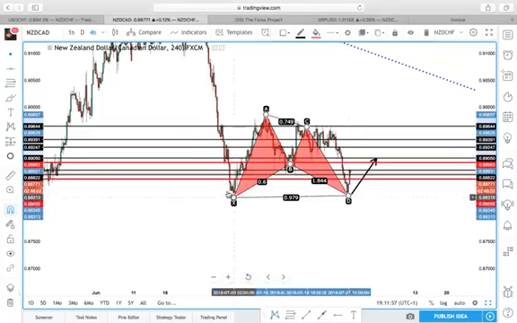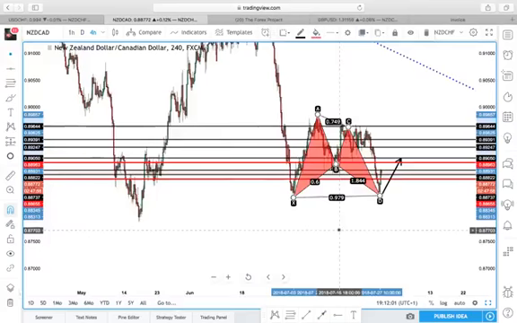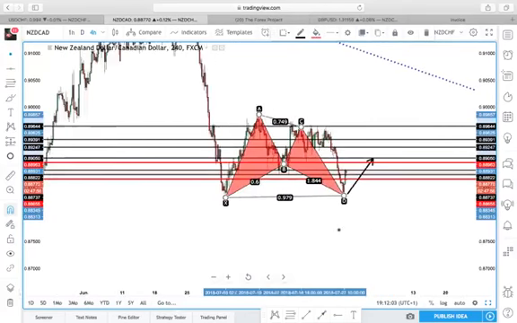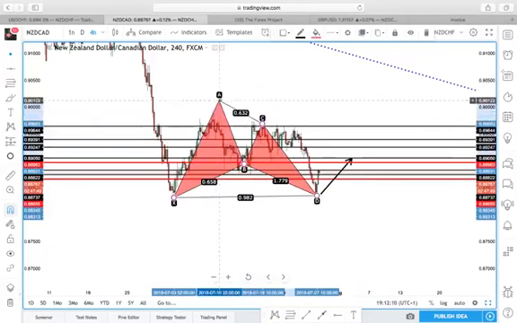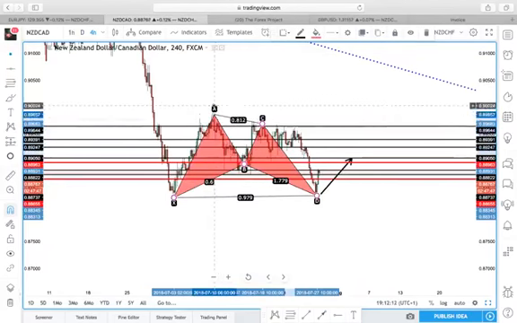So you mark those, find your ratios on your sheet, or just look up the ones. I think I posted a sheet for you guys. And these points just have to be on the wick. They cannot be in the body of a candle.